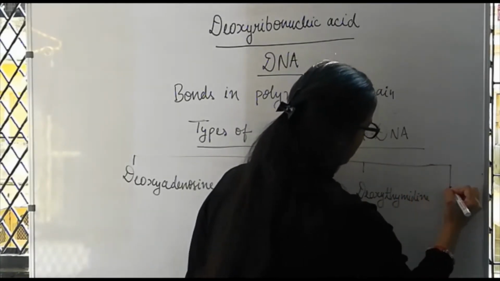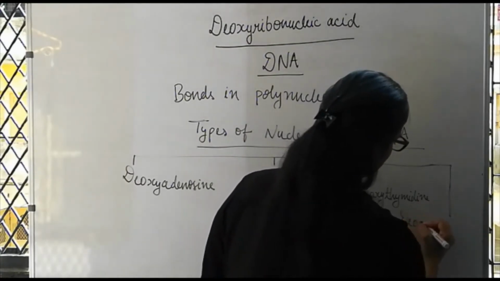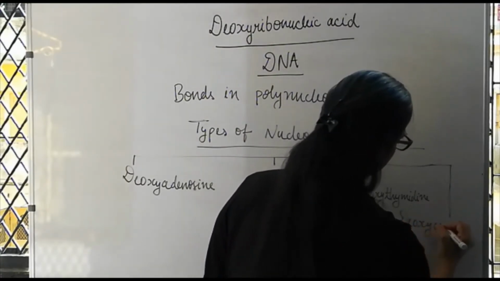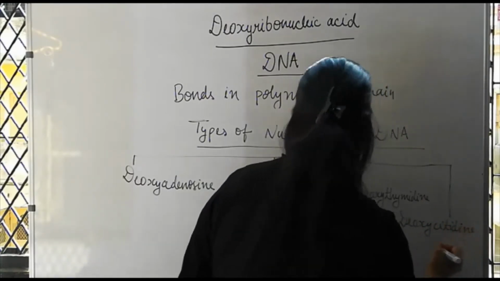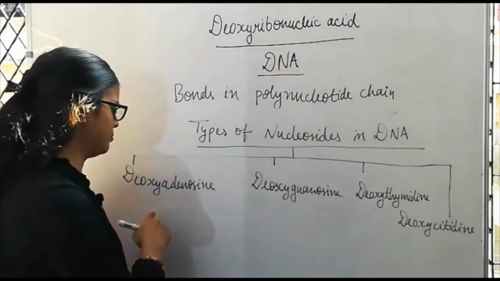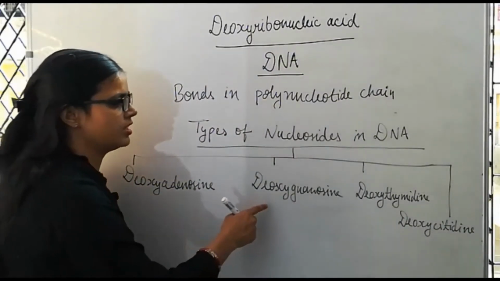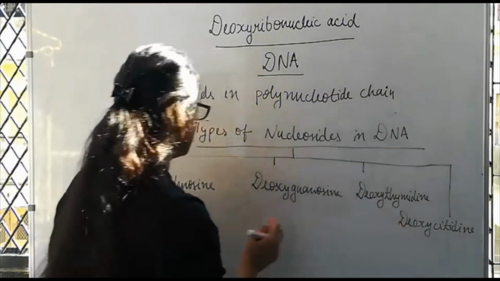And fourth one is deoxycytidine. So, nucleosides in DNA are of four types: deoxyadenosine, deoxyguanosine, deoxythymidine and deoxycytidine.